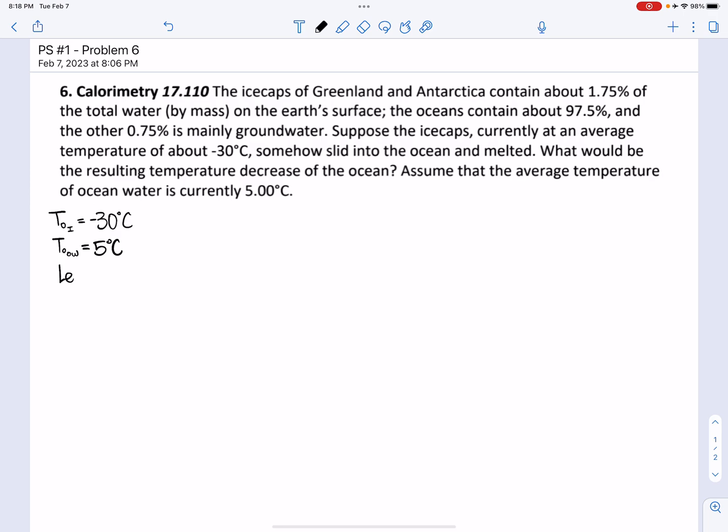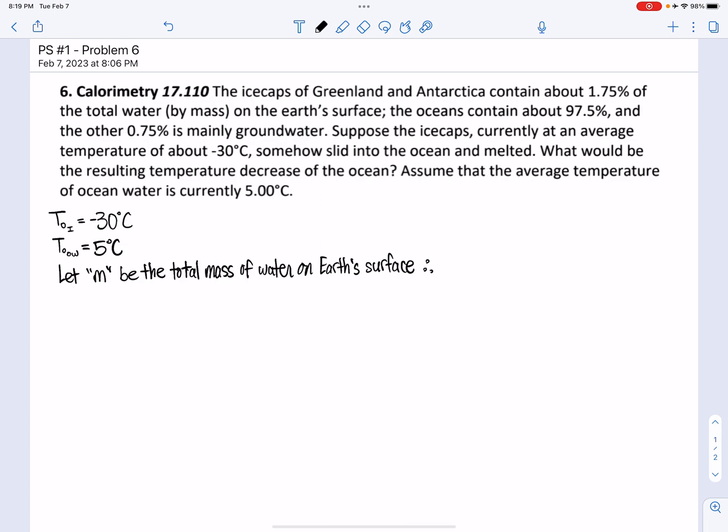And let M be the total mass of water on Earth's surface.